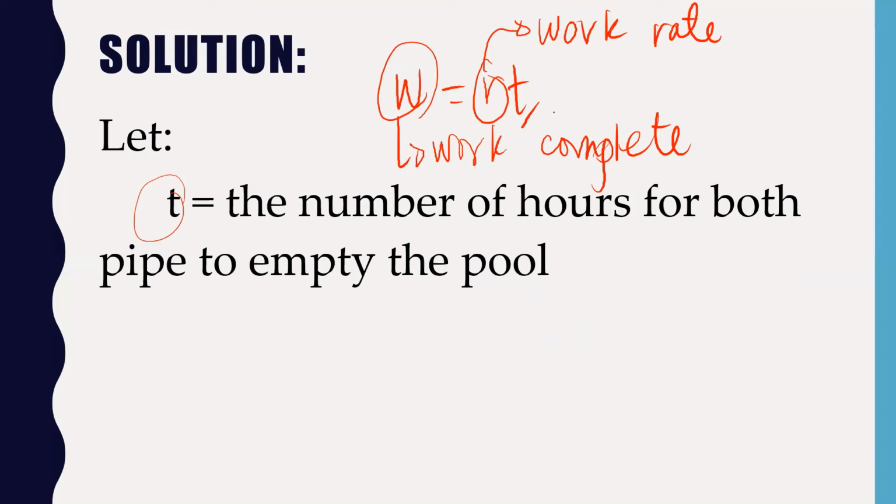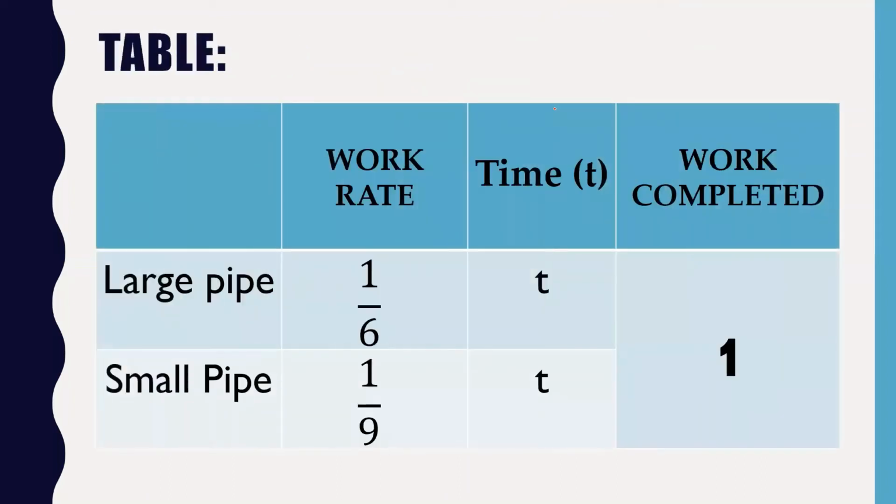Then this is the time. Okay, so we will create a table. So we have here the work rate, the time, the work completed. So this stands for the W, the R, and the T. So W is equal to rate times time. That means work completed is equal to work rate times time.